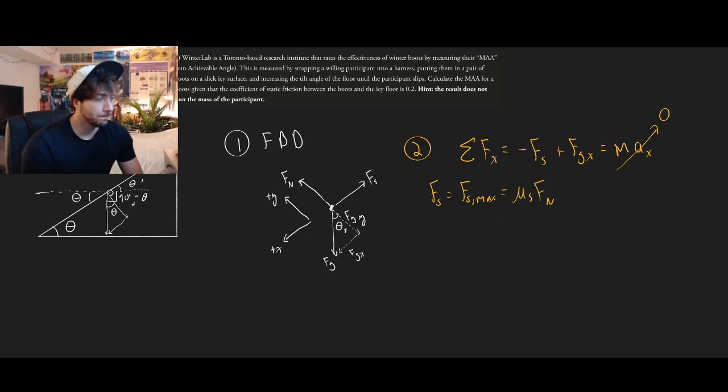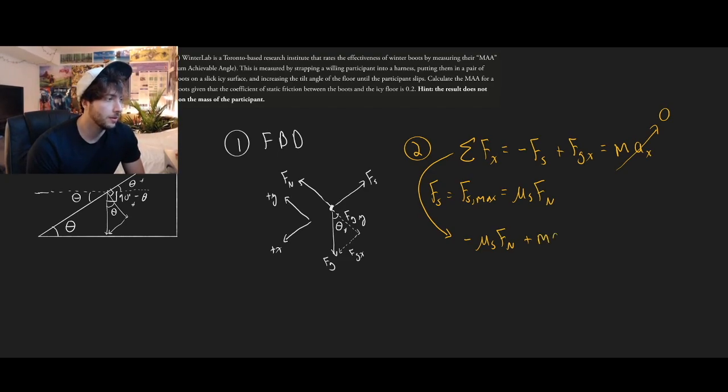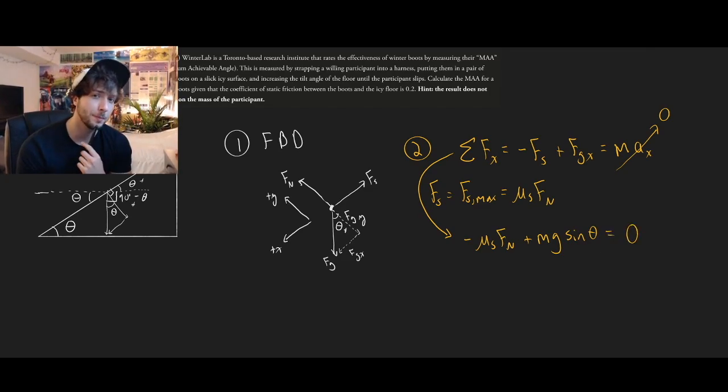So I can simplify that equation that I just wrote and write it as this: negative mu s Fn plus the x component of the force of gravity, which I can write as mg sine theta, and those two things sum to 0. So that's nice. At least we have what we're trying to solve for in our equation right there.